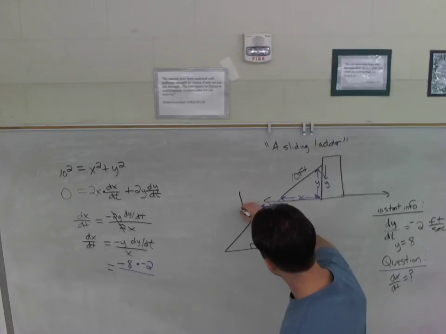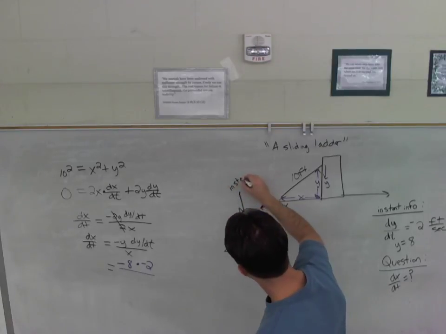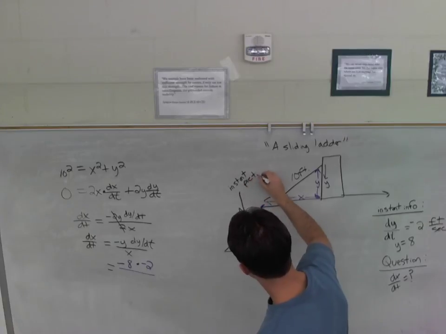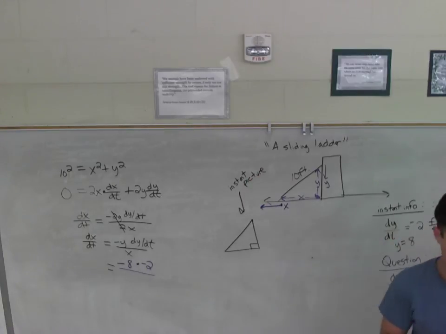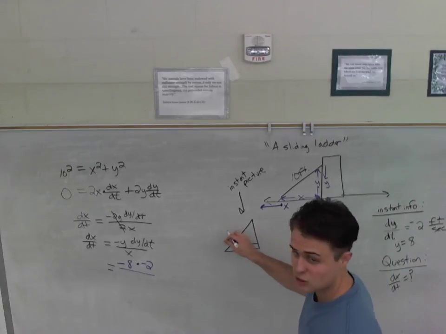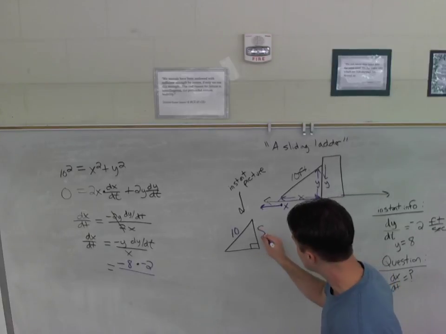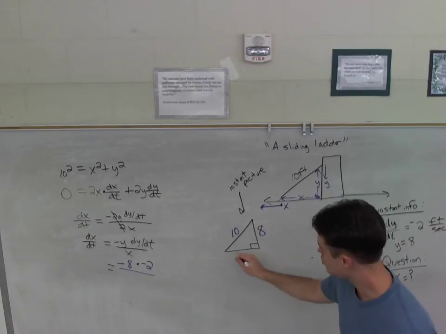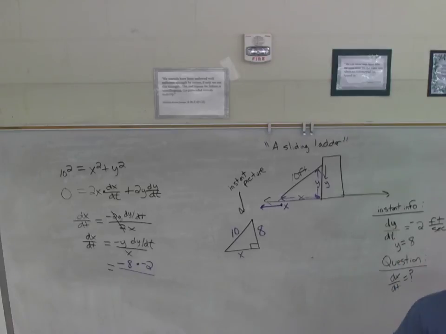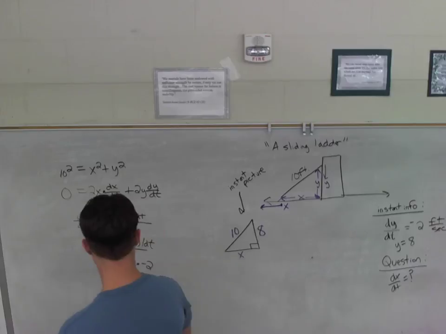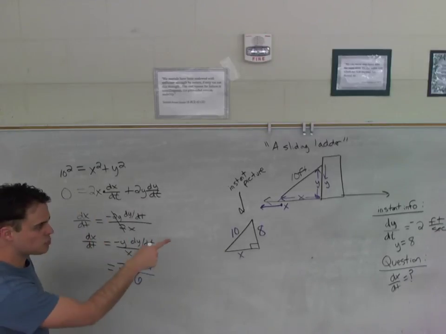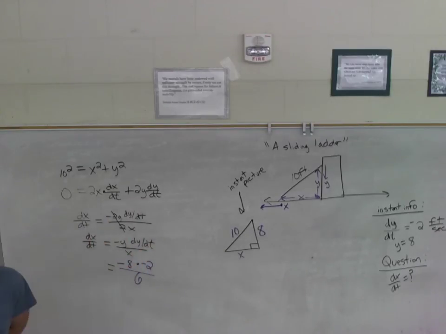I'm going to call this the instant picture. You don't have to if you can do it in your head, but it's helpful. Because you know the ladder's 10 feet tall, and at that instant the ladder's still 10. So it'd be 6, and at that instant this is 8. So we need to know what x is at that instant, which is a Pythagorean triple in this case, isn't it? So 6. Does that make sense? This is the instant picture at that very instant in time they asked us to investigate.